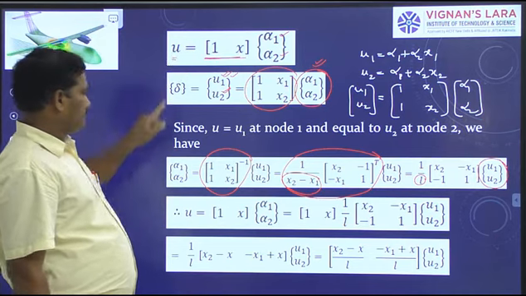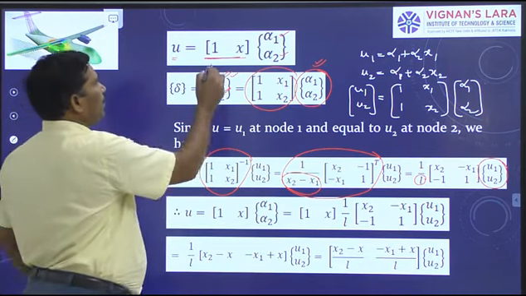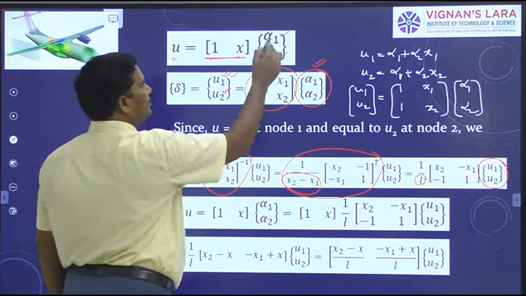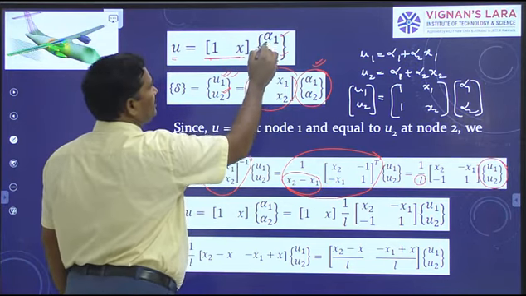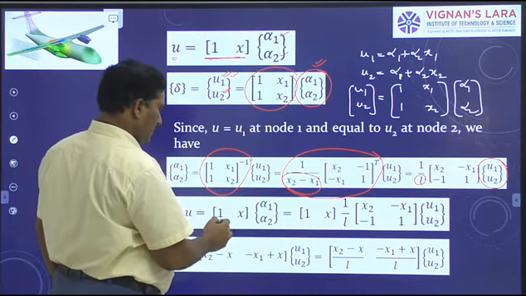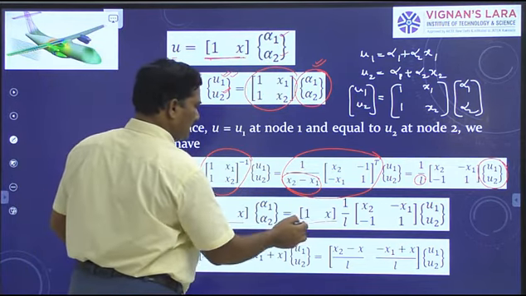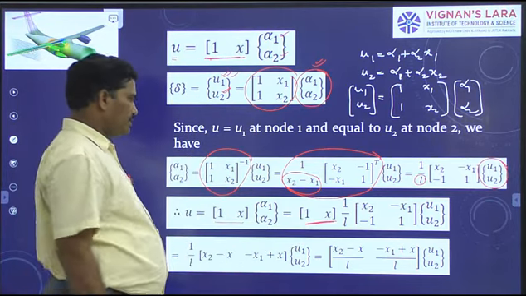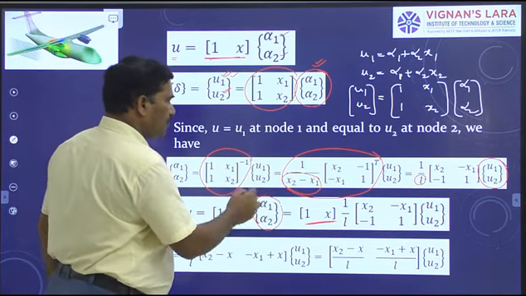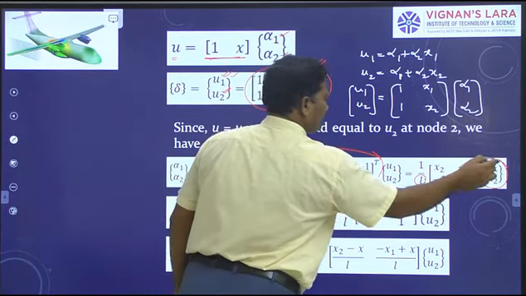Now, come back here. u equals a row matrix having the elements 1 and x into a column matrix having the elements alpha 1 and alpha 2. This equals, again, the same row matrix we write here into, now in place of this column matrix, what do you write? You can write this.